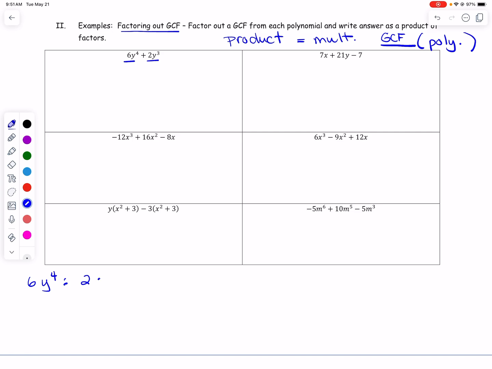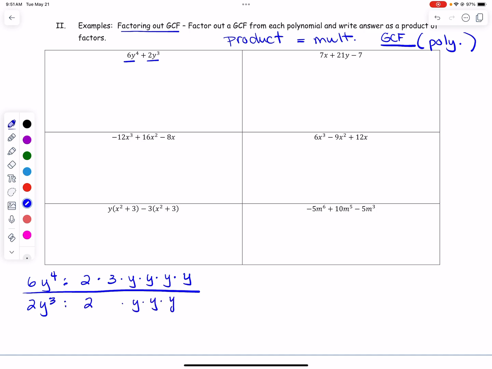That's 2 times 3 times y times y times y times y. And then I would write the next factor, 2y cubed, and that's 2 times y times y times y. And so what they have in common, I'm going to highlight. They both have a 2. They both have 3 y's.